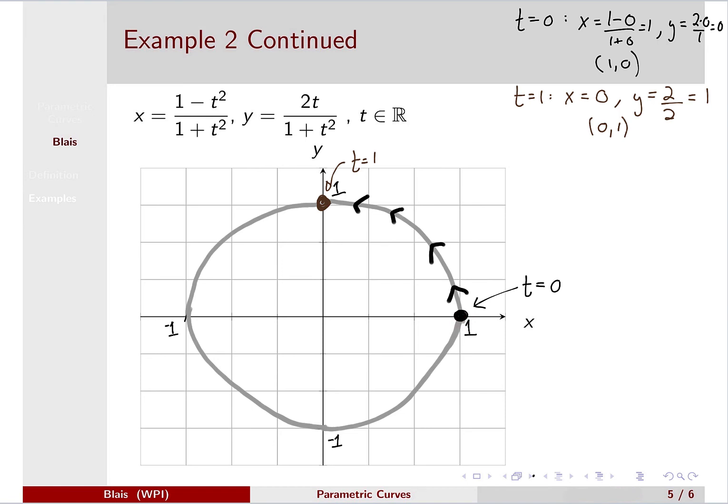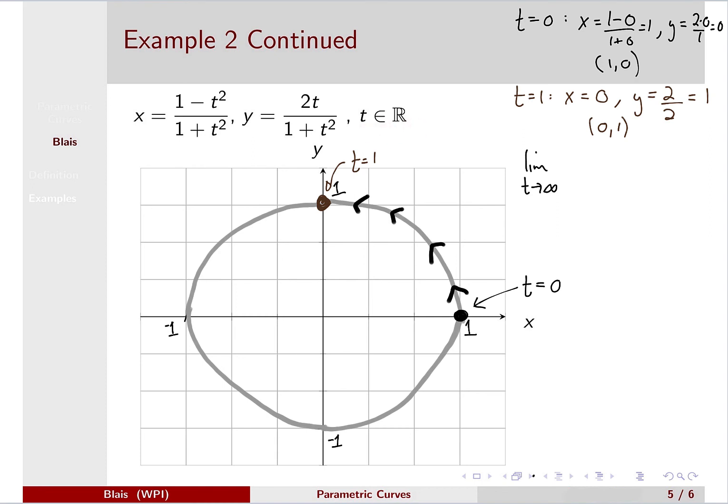But this gets interesting because if we think about what happens as we continue to increase t, if we think about the limit as t goes to positive infinity, because remember, this time our parameter t varies over the entire real line.